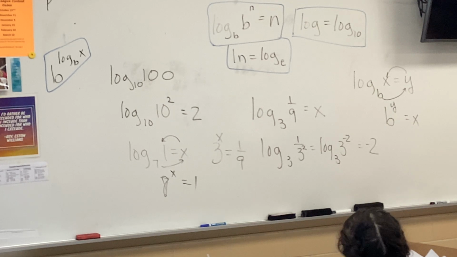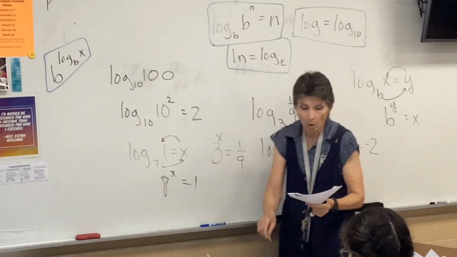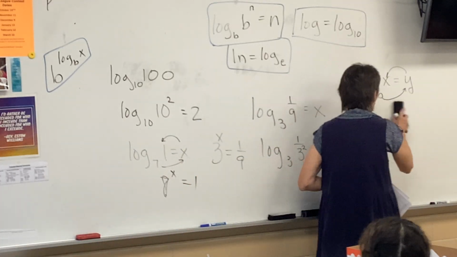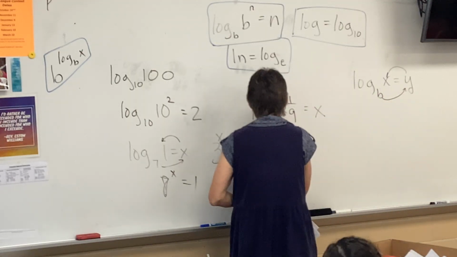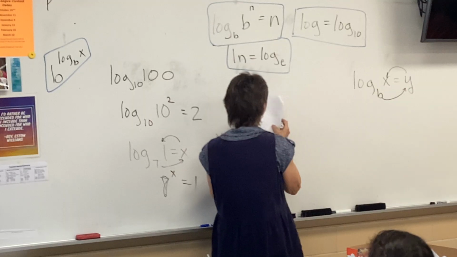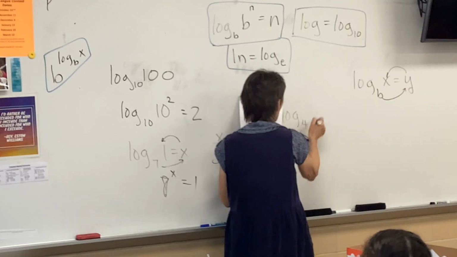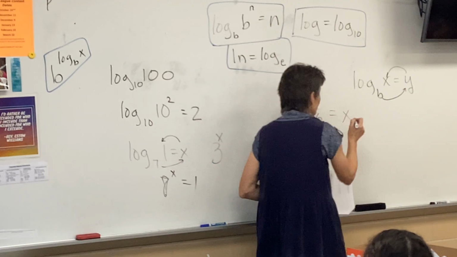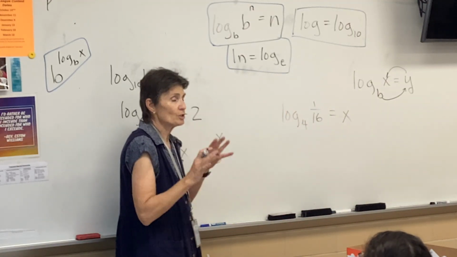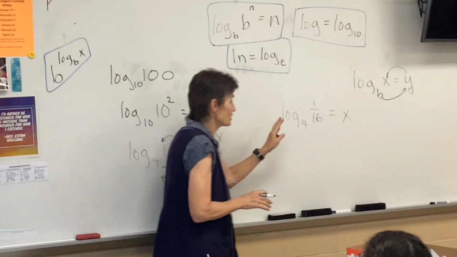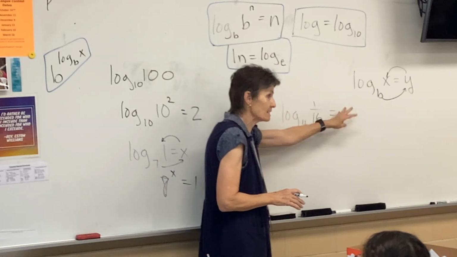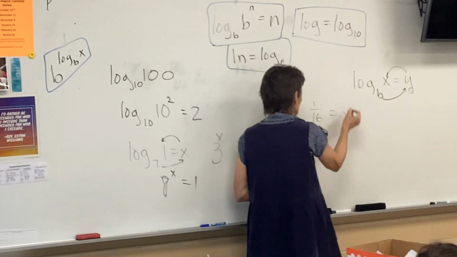Negative 2. One more time, let's look at O, just to make sure. You just flip it. One option you have is to set it equal to X, trying to figure out what it is, and then do your loop-de-loop.